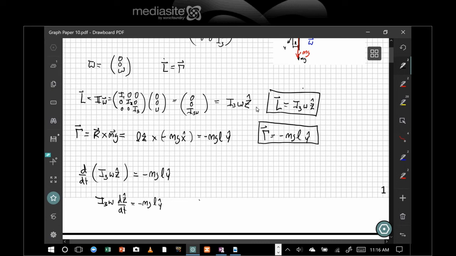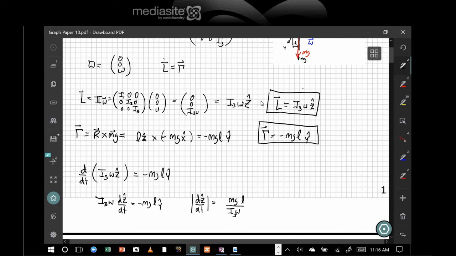From this, I can say the magnitude of the rate of change of z hat is going to be equal to MgL over I3 omega. So if we fix the axis to the object, then the z hat direction is going to rotate with the object, and the rate of change is given by that expression there.